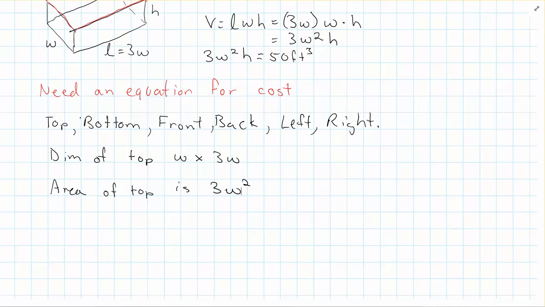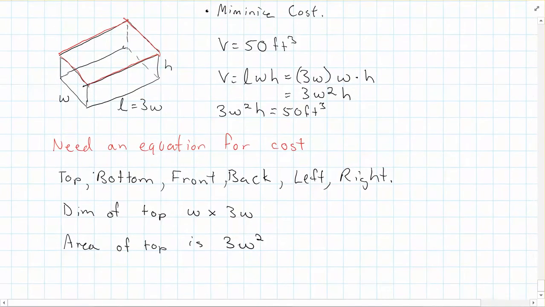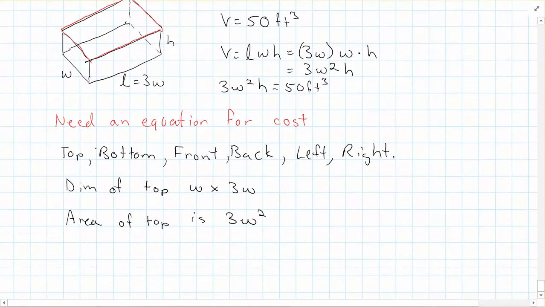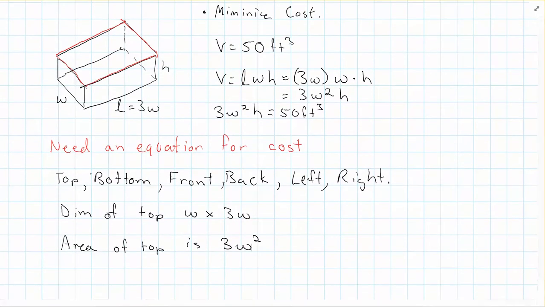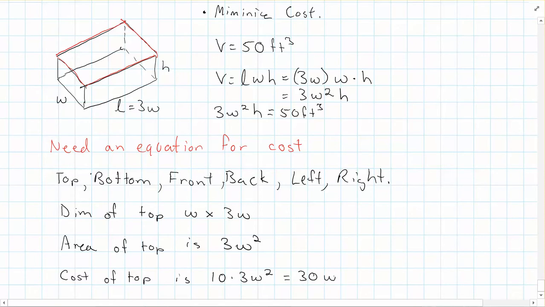Whoops, hit the microphone with my pen there, sorry about that. Now, again, we're trying to minimize this cost, so what would the cost of the top of the box be? Well, if I scroll up here, the top and bottom costs me $10 per foot squared. So this is the area, so the cost of the top is going to be 10 times 3, I'm writing down the answer, times W squared, which is of course 30W squared.